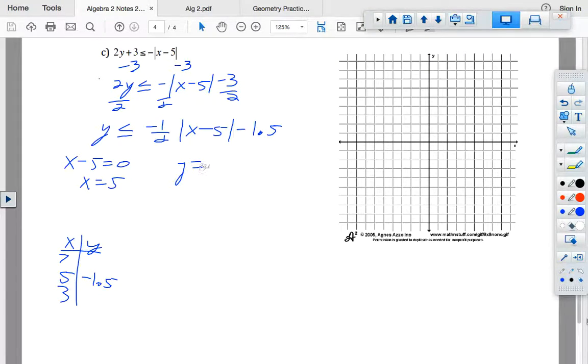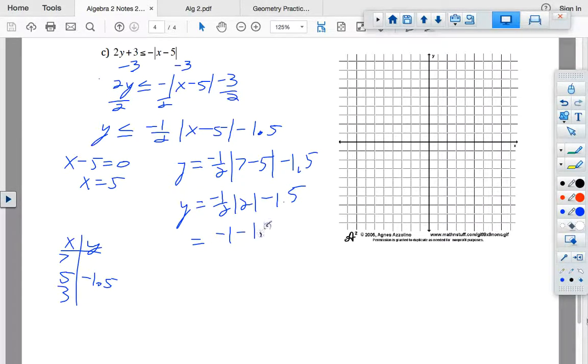So I'm going to do y equals -1/2 times the absolute value of 7 minus 5, minus 1.5. y equals -1/2 times the absolute value of 2, minus 1.5. And then that's going to give me -1 minus 1.5, and that's -2.5.